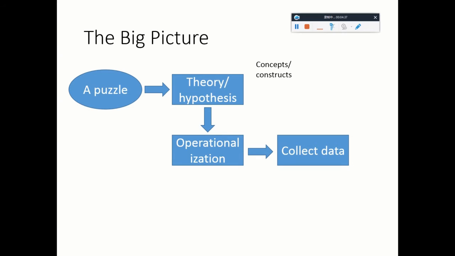Well, that's what's going to happen in the next step. That is, we're now ready to collect data, right? Either in a lab situation or to go out in the real world, so to speak, to collect people's responses.